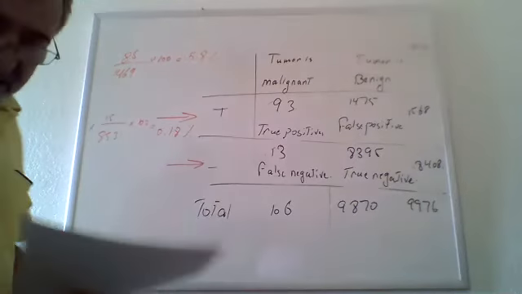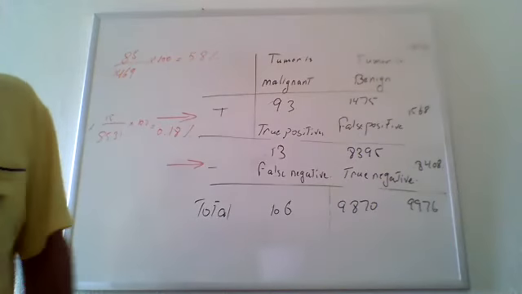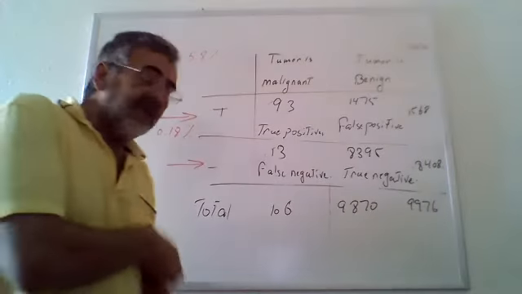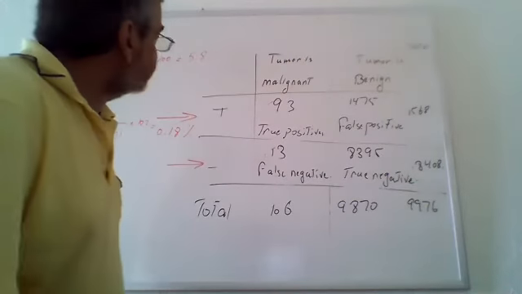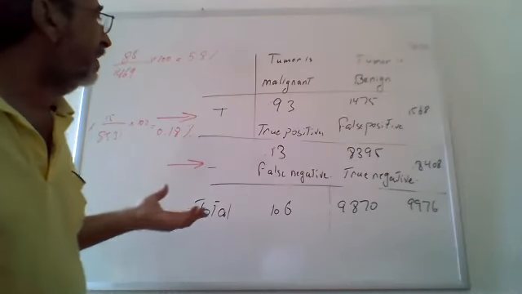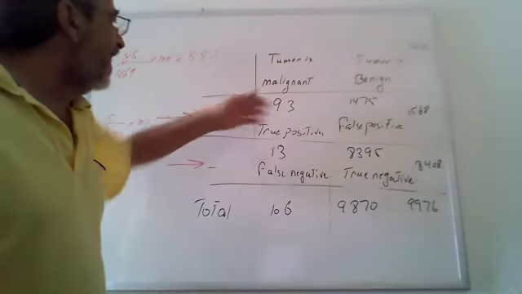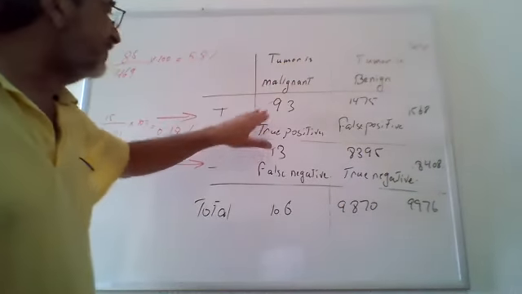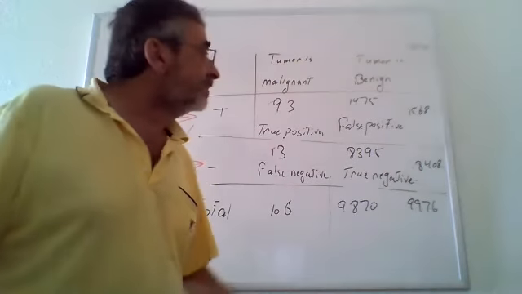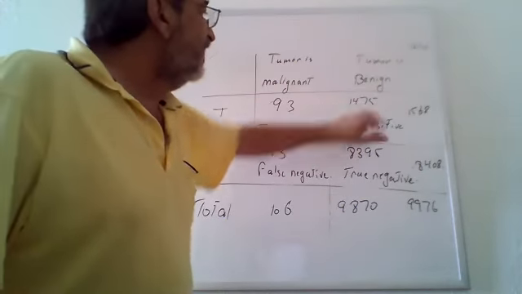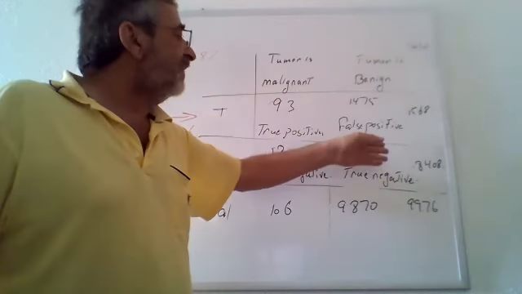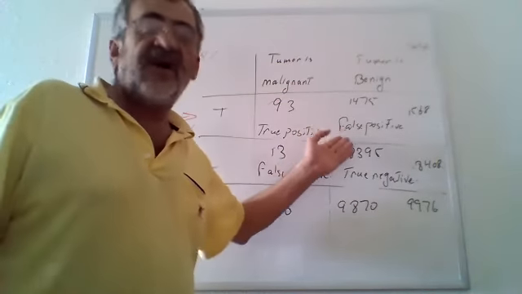Now here it's similar to the previous one we had, but in here they clarified a little bit more on those numbers. For example, when a person tests positive, we assume he would have a cancer. If 93 of them have a cancer and they tested positive, this is what we call true positive because they actually had the cancer. 1475, even though they tested positive, they didn't have it, so therefore this is false positive.